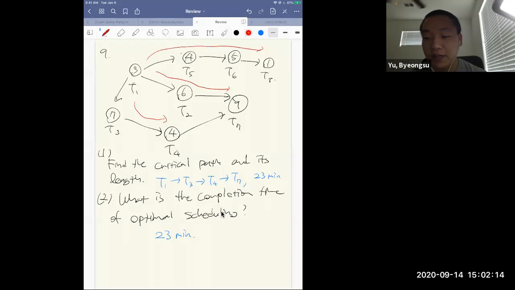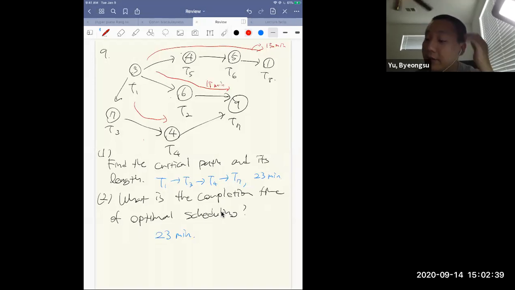And if you just add all the minutes, then this path has 3 plus 4 plus 5 plus 1, which is 13 minutes. And this one is 3 plus 6 plus 9, which is 18 minutes.